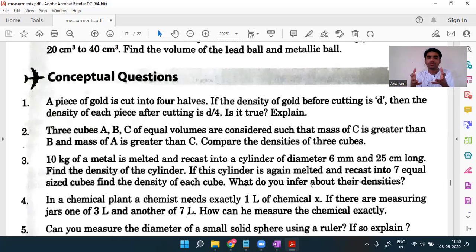Now this volume which you have in the vessel, you have to condense again and make it into small cubes. So the volume will not be lost. The volume of the cylinder which was originally there and the total volume of these cubes will remain the same. And mass also remains the same. So the density in this case will remain the same.